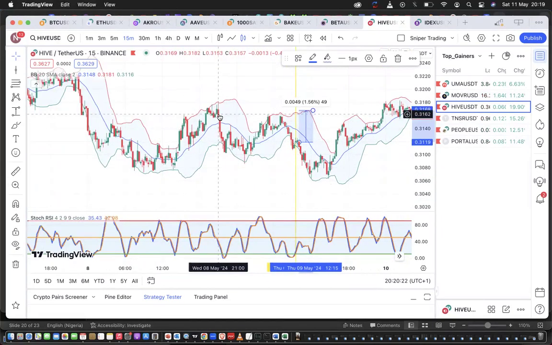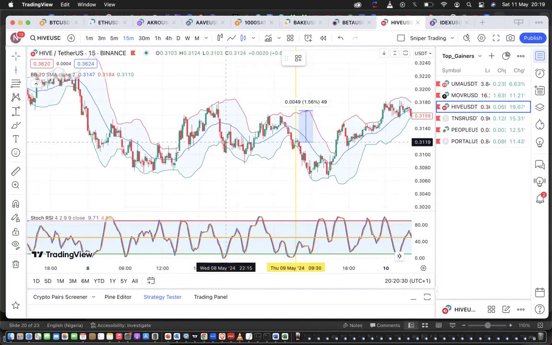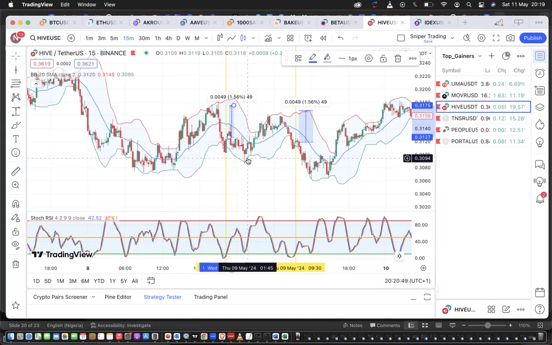And look at another example right here. It has touched the bottom. Okay. Let's put a mark here to show us when it has touched the bottom. And at the bottom here, stochastic RSI is facing up. So it's facing up right here. All right. So we put in our buy here. After the first green candle, we just go in. And we want 1.5%. We just want 1.5%. It went against us for a while.